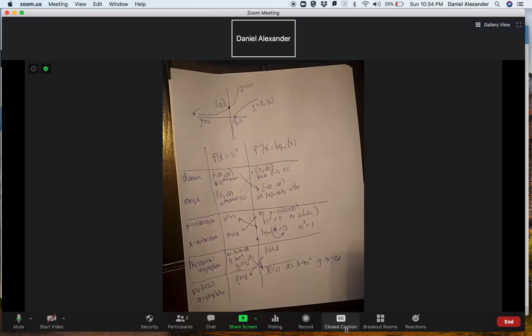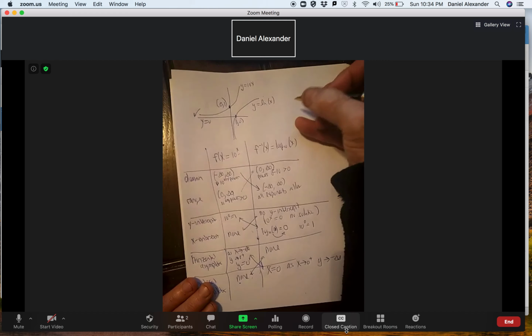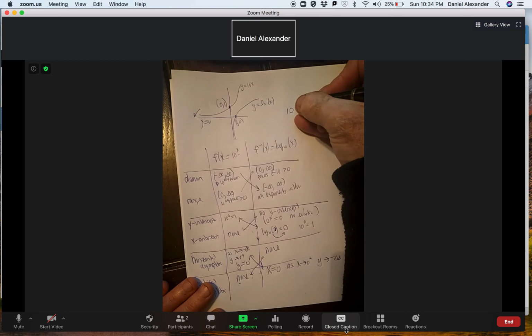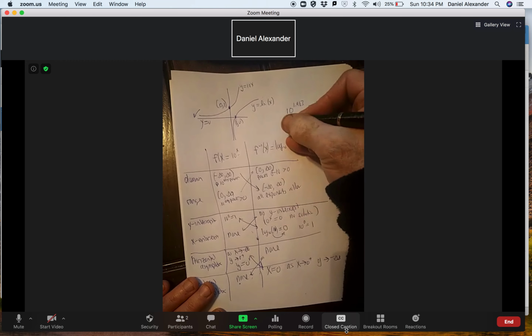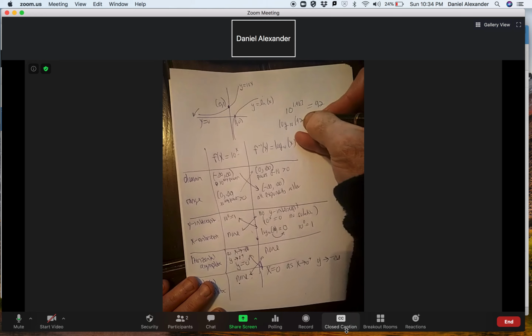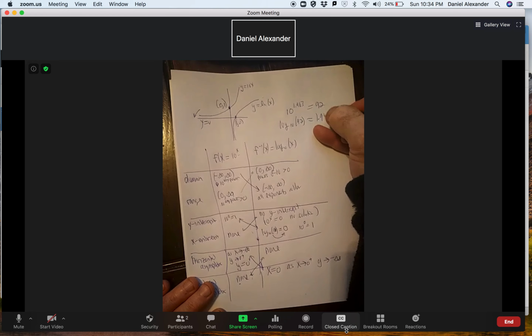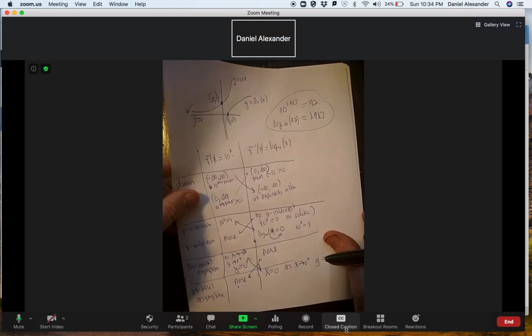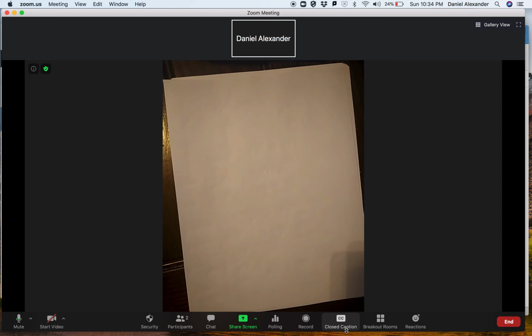So again, I just want to emphasize the way that things switch. And again, this is the way we see it. Something like this: 10 to the 1.963 is 92. The log base 10 of 92 is 1.963. Okay, so I want to do some applications, and that will be it.